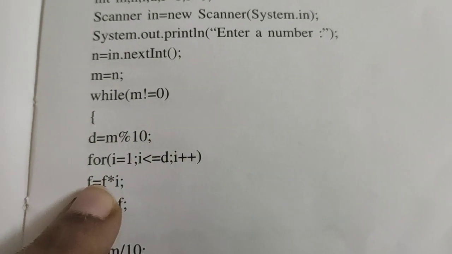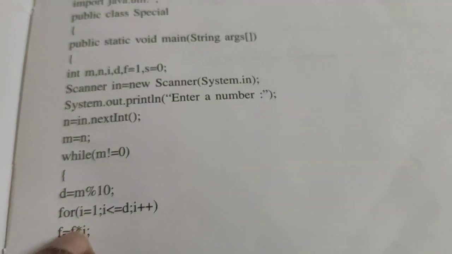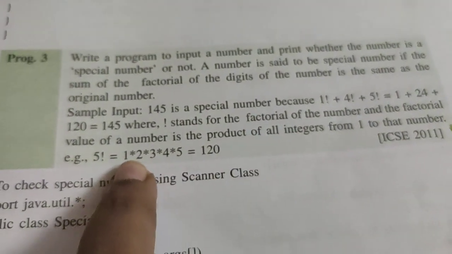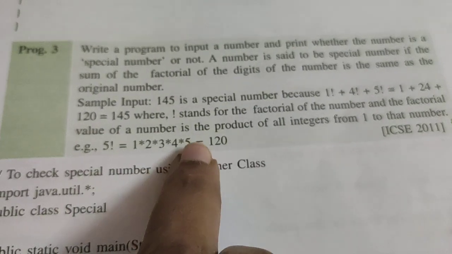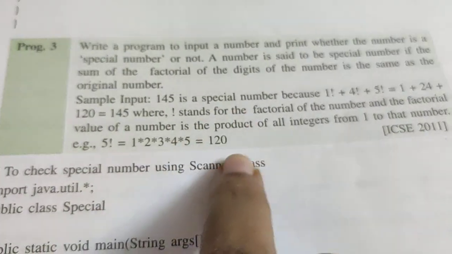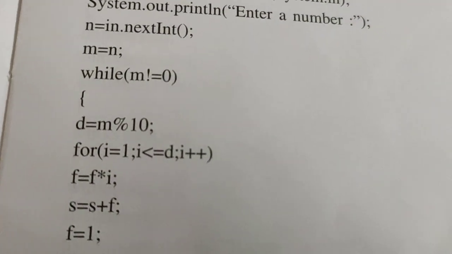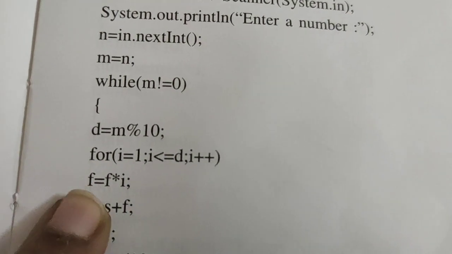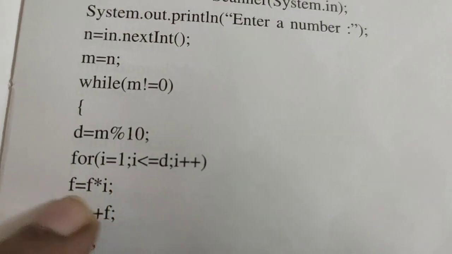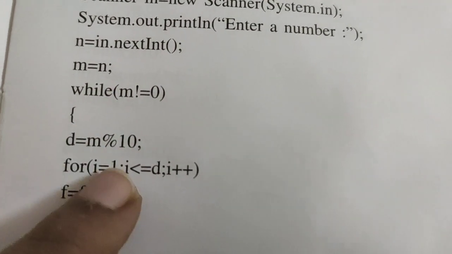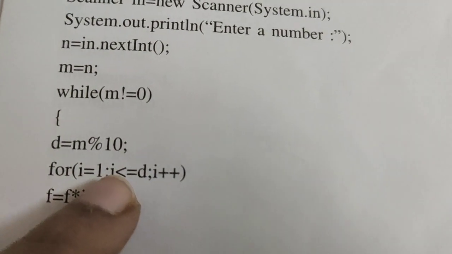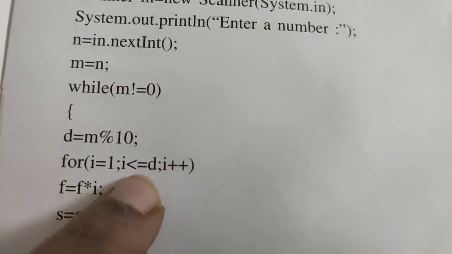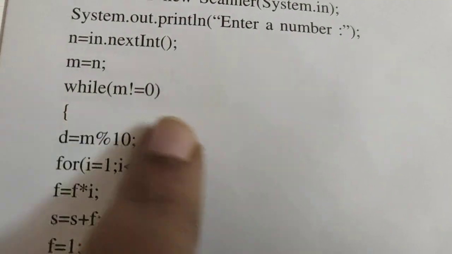So again it is going to do it. 24 into 5. See here, 1 into 2 into 3 into 4 into 5. So 24 into 5 will be 120, and that value will be in f, and again i is going to be 6. i is not less than or equal to 5, so your loop ends here.